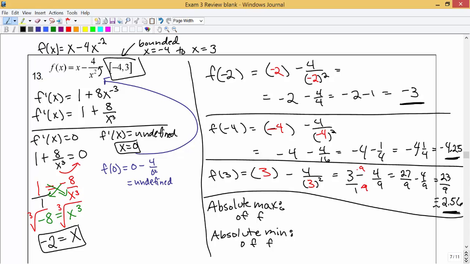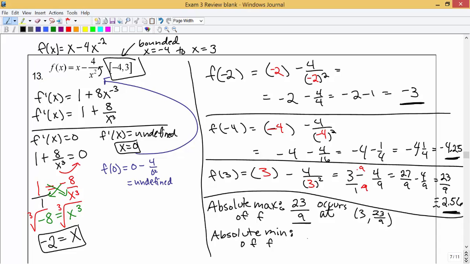So the absolute max here, well, the only positive value that we have was 2.56. That's the 23 over 9. So the absolute maximum value would be 23 over 9, and it occurs at the point 3, 23 over 9.